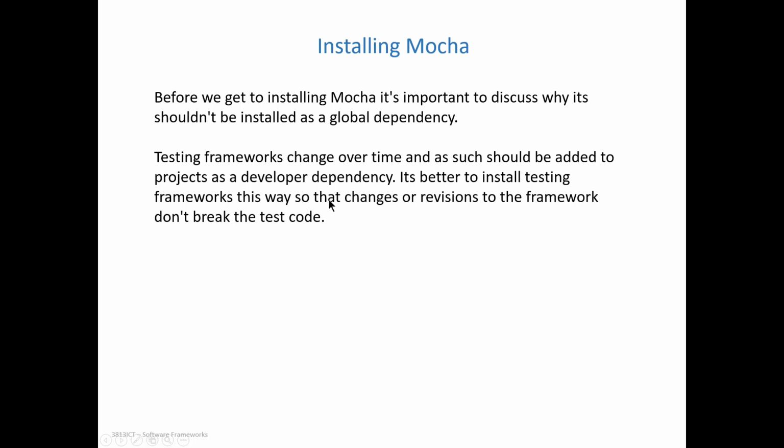Before we get to installing Mocha, it's important to discuss why we shouldn't install this as a global dependency. Testing frameworks change over time and as such should be added to projects as a developer dependency. It's better to install testing frameworks this way so that changes or revisions to the framework don't break the test code.